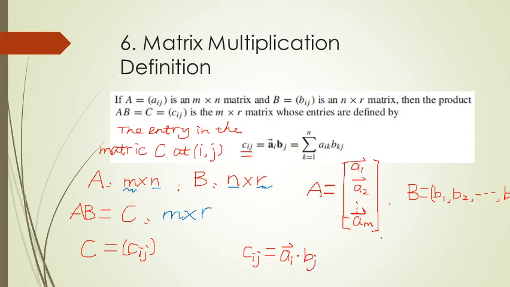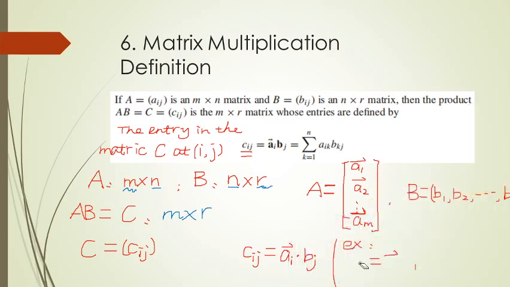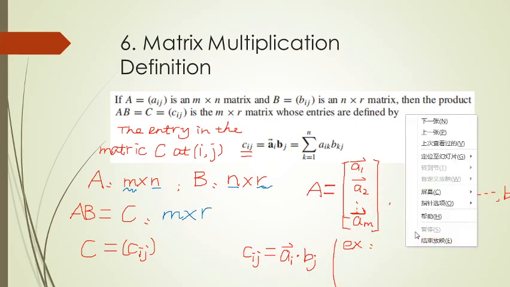So for example, how can I calculate C11? That will be the first row vector times the first column vector. Everyone is clear? Let me write in a different color.